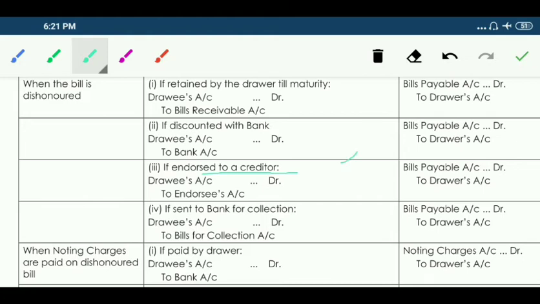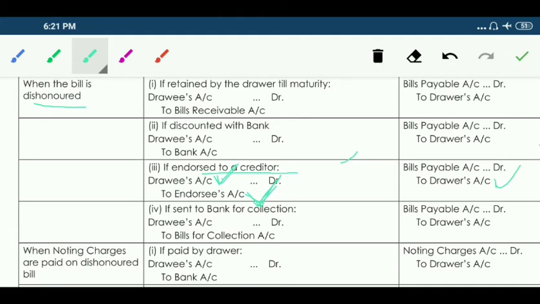Now the bill is dishonored, so we again credit the endorsee's account, that means we again create the creditor account. Now the drawee's account is debited because he is the debtor to the business, and the creditor account, that means the endorsee's account, is credited. In the drawee's books, the bills payable account is debited, drawer's account is credited.